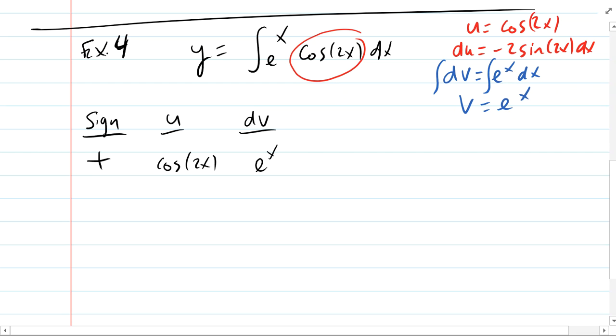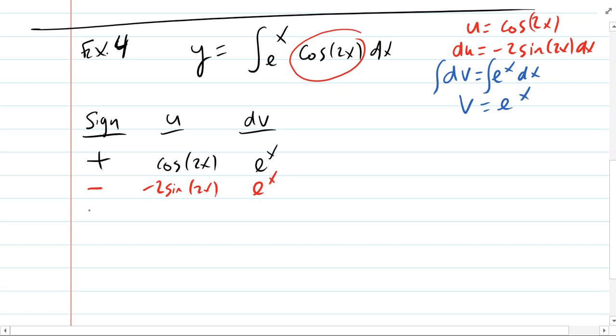Okay. My next step, I know it's minus, so it's minus negative 2 sine of 2x, right? And the integral of e to the x is e to the x, yes?